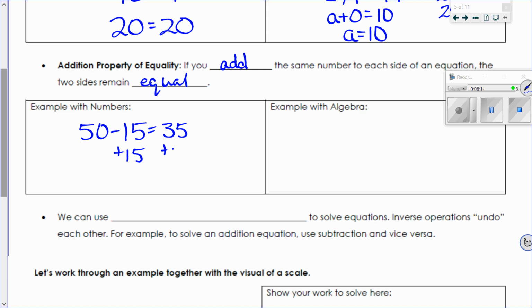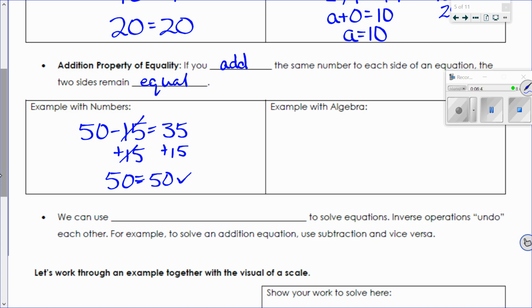So if I add 15 to both sides, 15 minus 15 is 0. So that's just going to be 50. 35 and 15 is? Does 50 equal 50? So even though I added 15 to both sides, did my actual math change? No, they stayed equal.